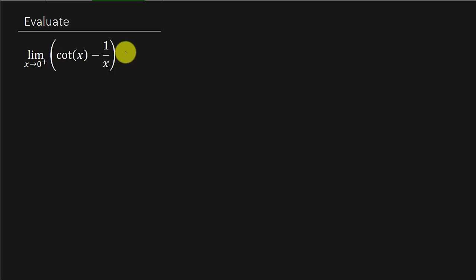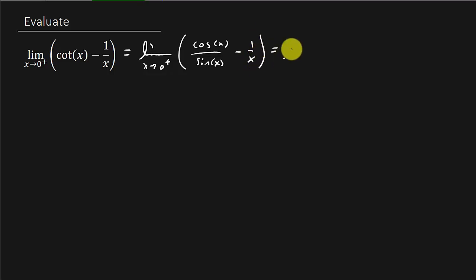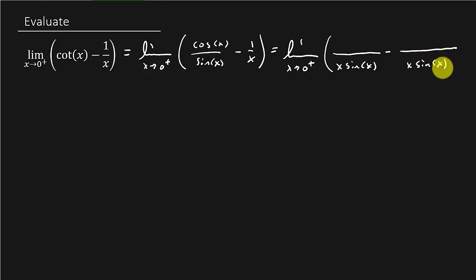So what we want to do here is rewrite this. This is the limit as x goes to 0 from the right of cosine x over sine x minus 1 over x. And we want to get a common denominator. So if we get a common denominator, that's going to be x sine x.